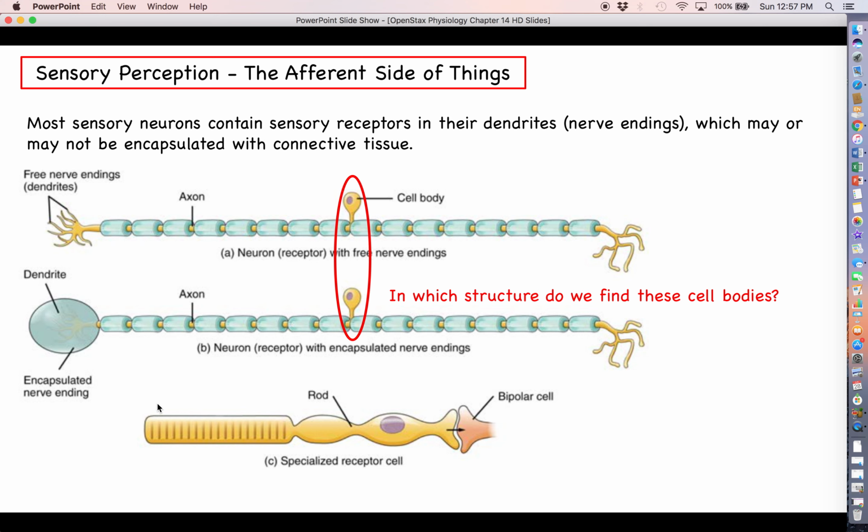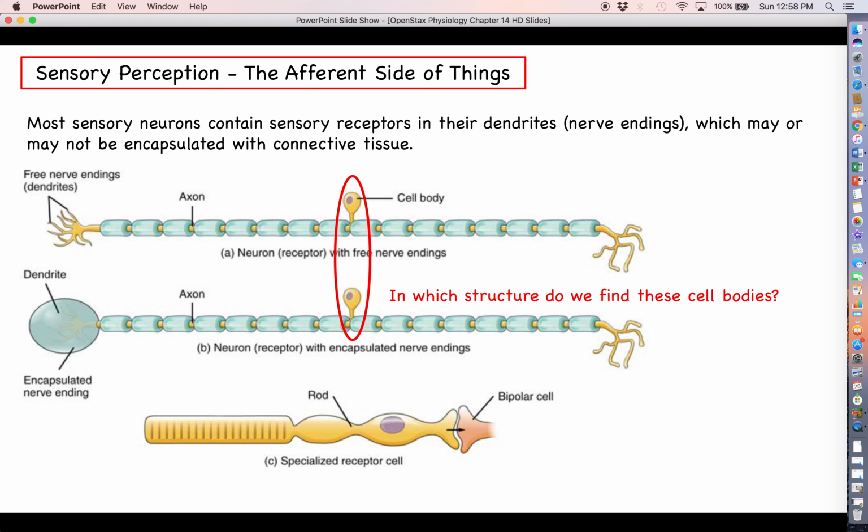Now, look at this sensory neuron down here. That's a funky-looking sensory neuron. Actually, it may not even be accurate to call it a sensory neuron. What may be more accurate is to call it a specialized type of sensory cell. So what you're looking at here is a light-sensing cell called a rod photoreceptor.